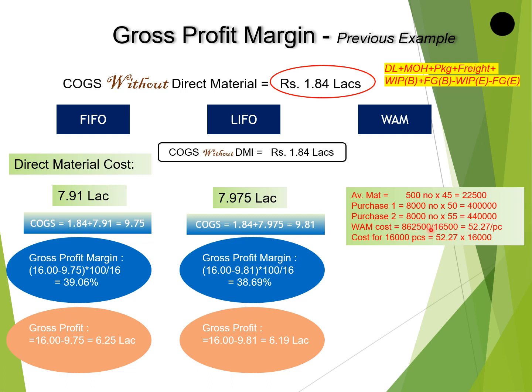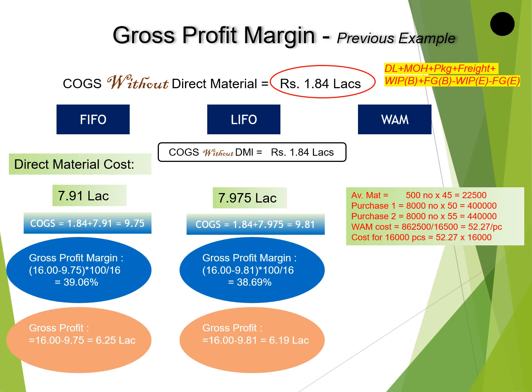So total cost shall be 8,62,500. The quantity was 8 plus 8 plus 500, that is 16,500. So weighted average cost shall be 8,62,500 divided by 16,500 equals 52 rupees 27 paisa per piece.